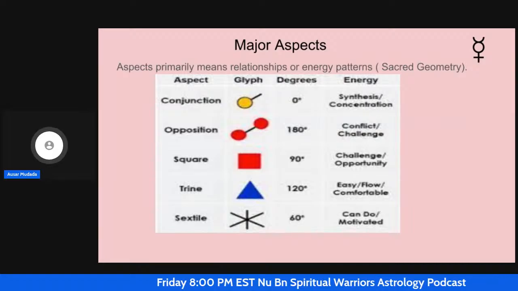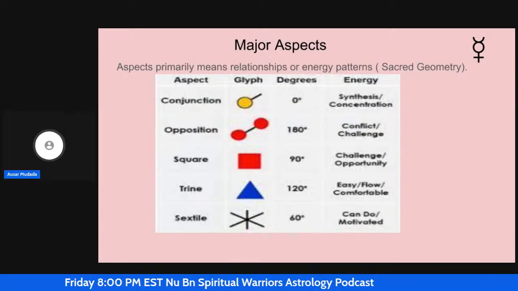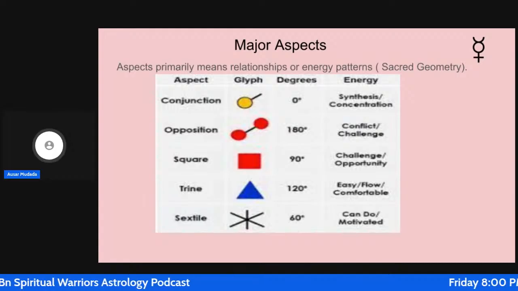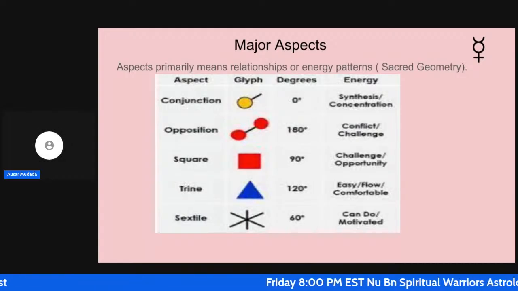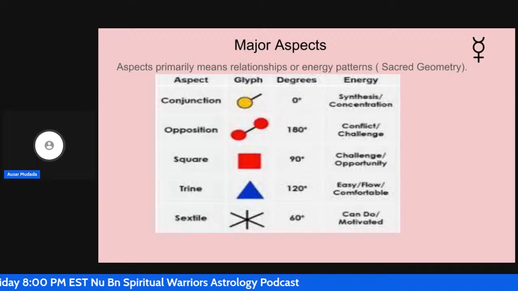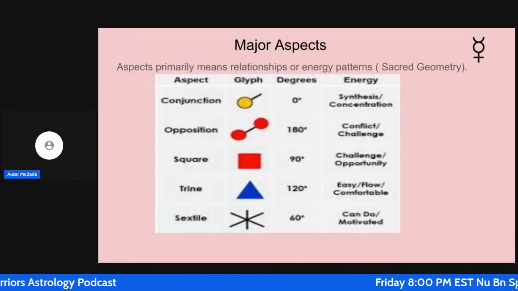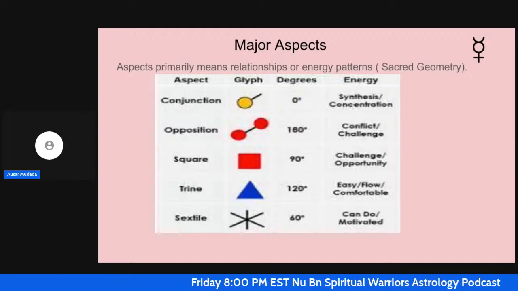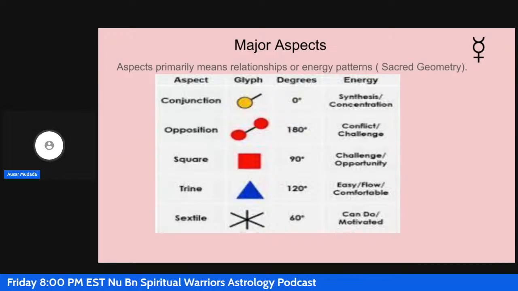Now, we talked about the major aspects. And here are the symbols for some of those aspects. So you see the symbol for a conjunction. It means that two or more planets are within a 0 degree orb. They're right next to each other. Opposition: two planets are about 180 degrees from each other.